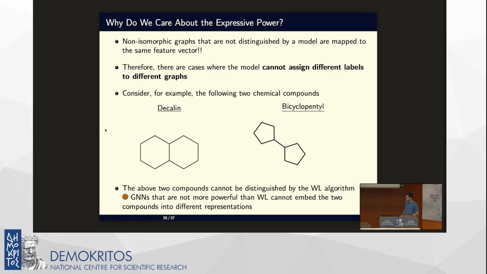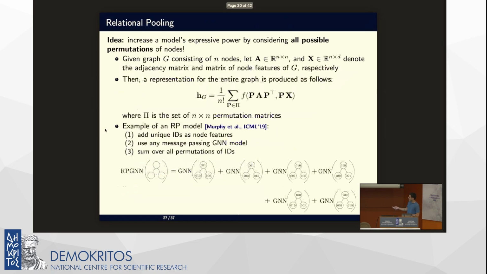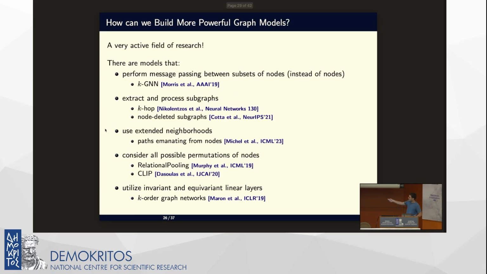So this is why people have started working on the expressive power of GNNs recently, and this is a very active field of research. And here I list some approaches that people use to develop more powerful models. One approach is to, instead of performing message passing between nodes, perform message passing between subsets of nodes.